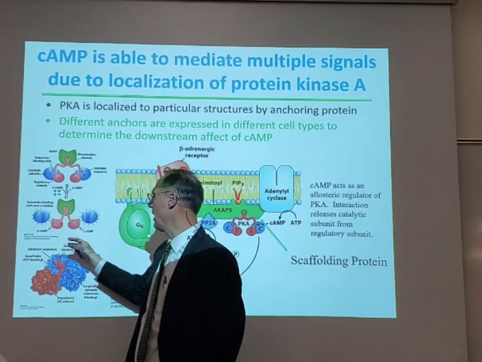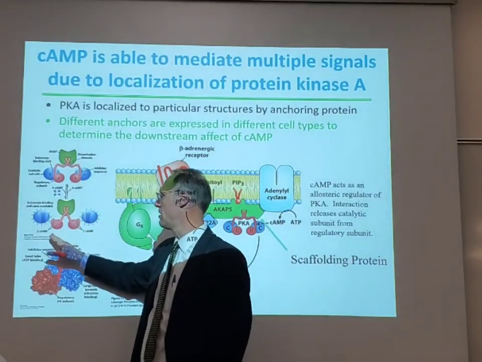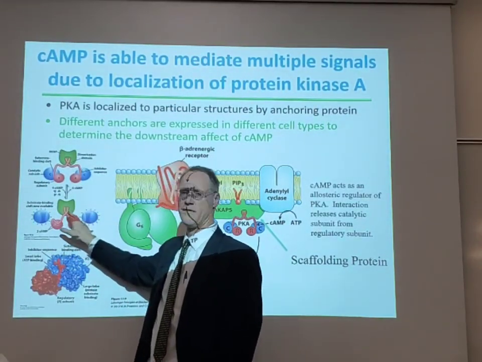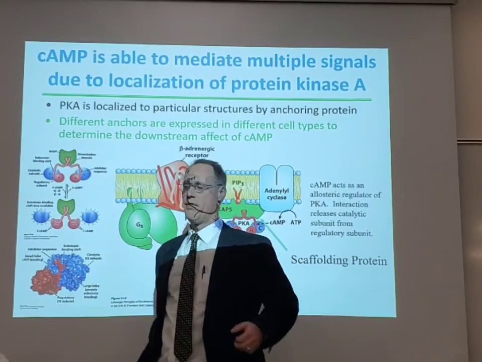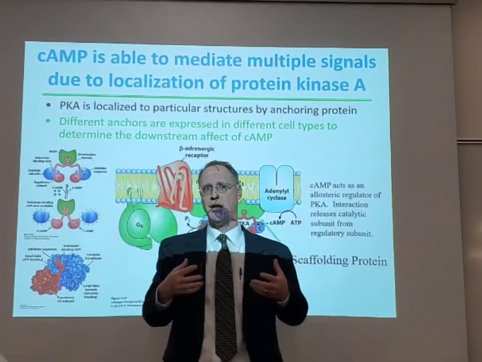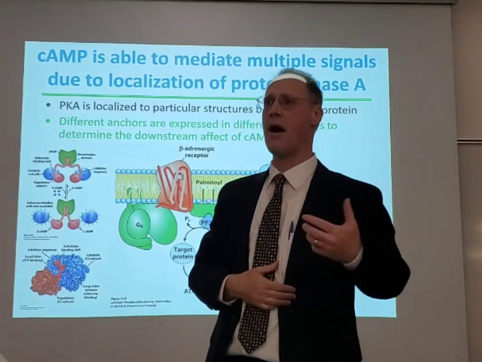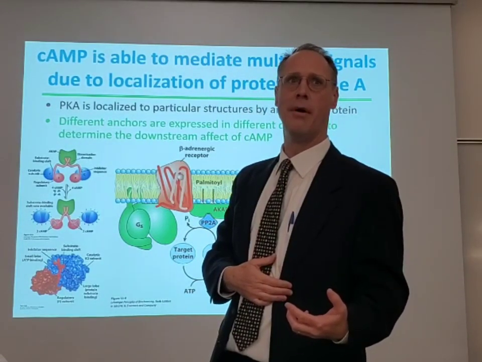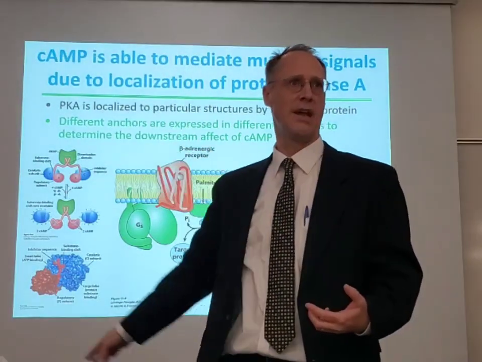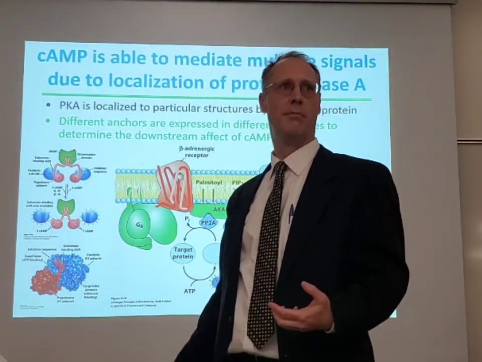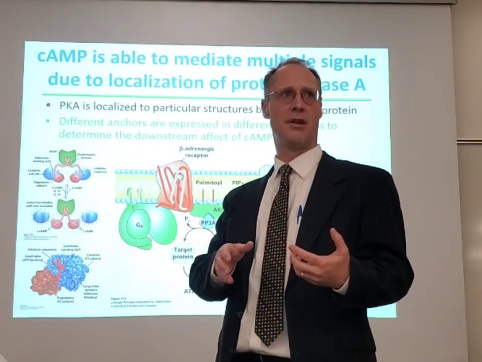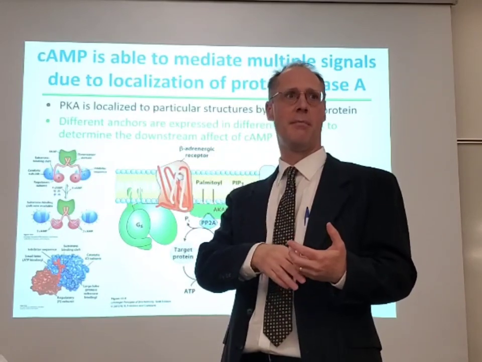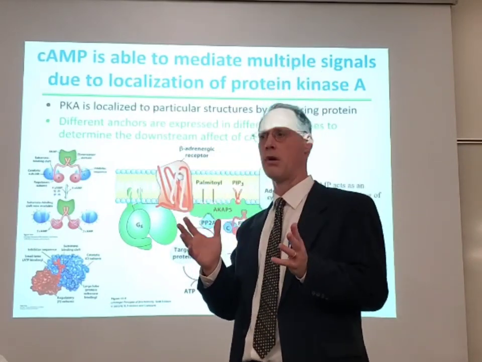But if I get into the regulatory subunit 2 units of cAMP, the handcuff comes off, the catalytic unit of PKA is now active, and it starts doing its job. And it goes after a whole bunch of downstream targets. But if I shut down my cAMP concentration, cut it up, making it AMP, then that will turn off.